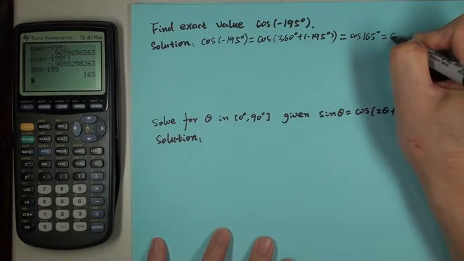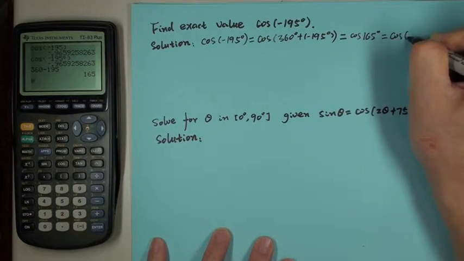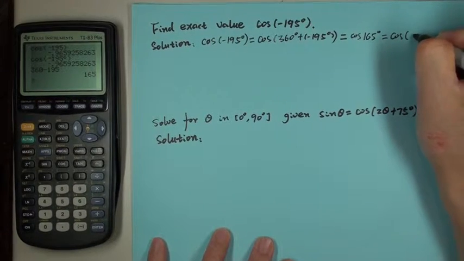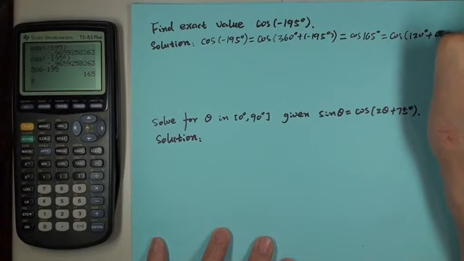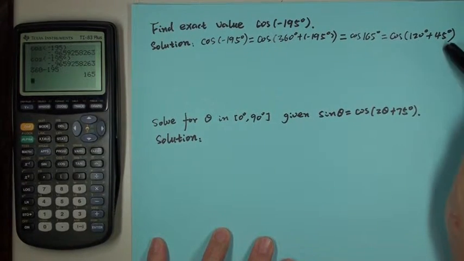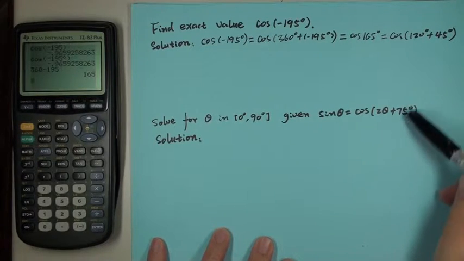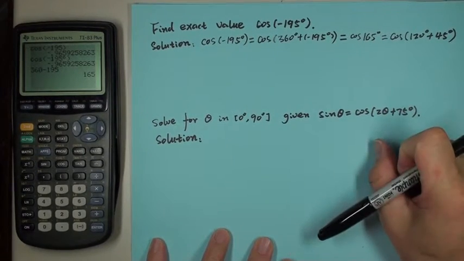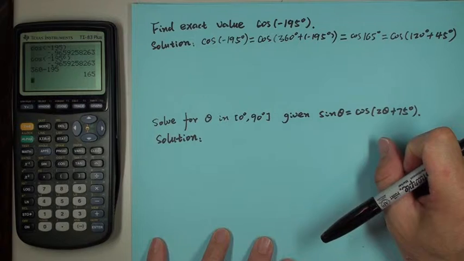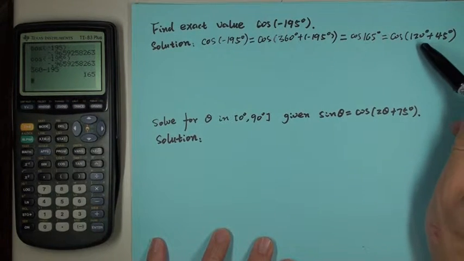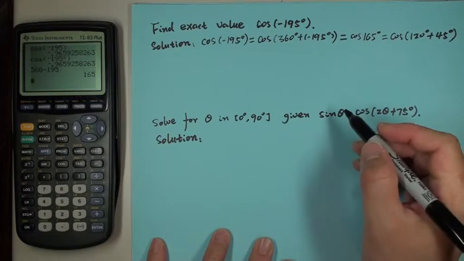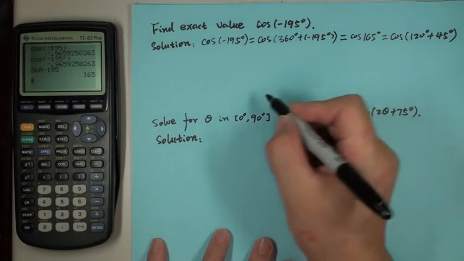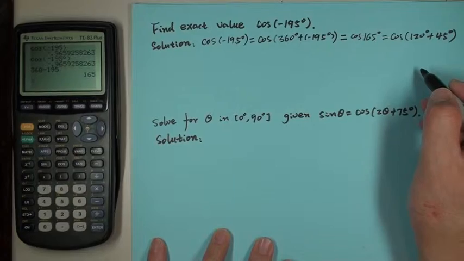165 degrees is the sum of 120 degrees plus 45 degrees. Those two are special angles, and we know the exact values for those two. Now here is one angle plus another, so you have to use the sum formula.